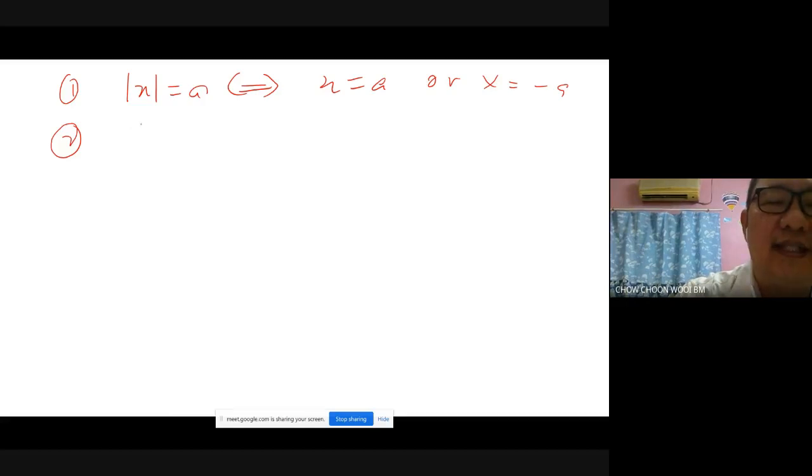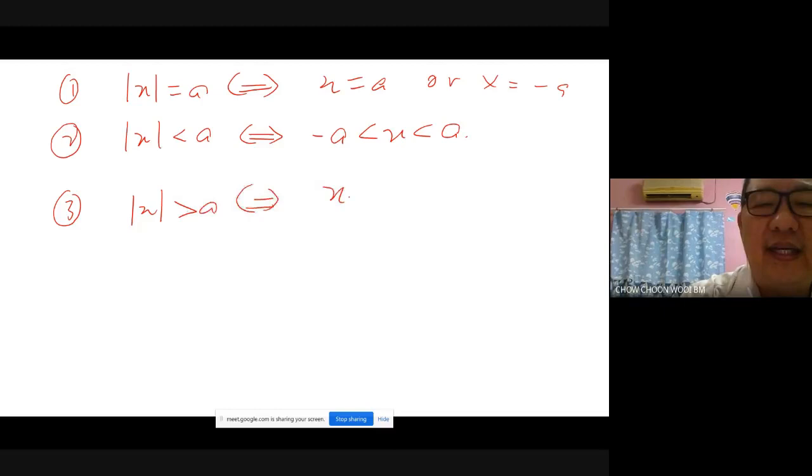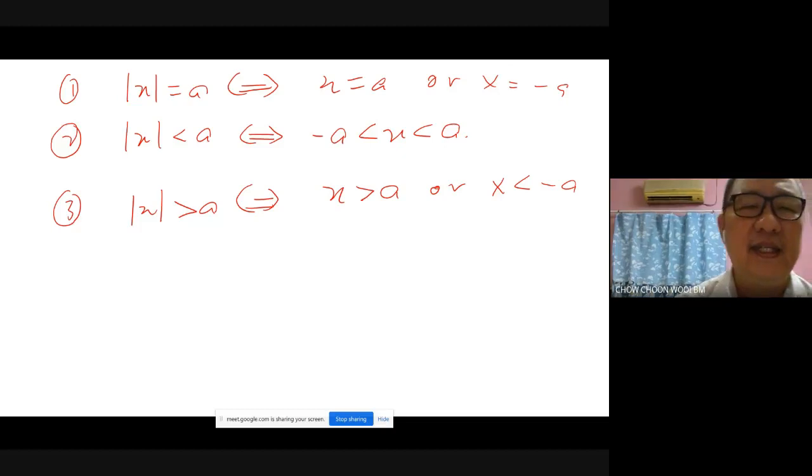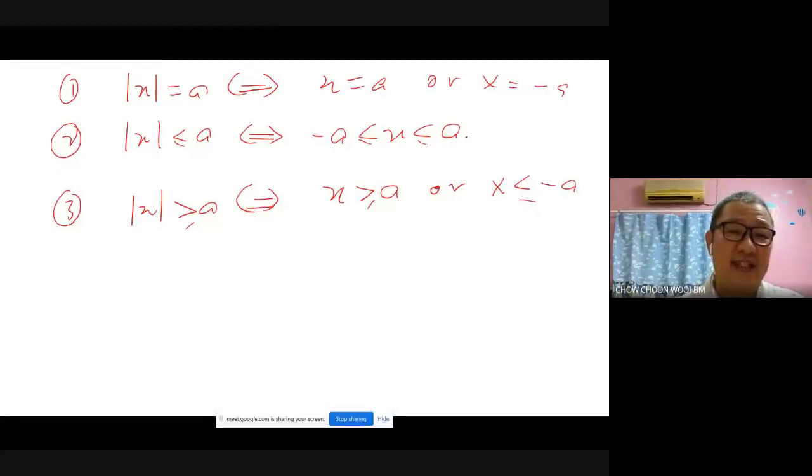Modulus of x less than A if and only if x is greater than negative A and x is less than A. Yang ketiga, modulus of x greater than A if and only if x is greater than A or x is less than negative A. Okay. Yang keempat, cuma tambah equal here. Yang kelima sama juga, tambah equal here. Okay, ingat. So look at this one, the first, second, third, fourth, and fifth. There are 5 formulas for you.